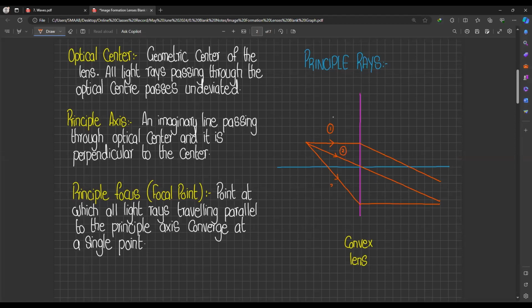These are three types of rays passing through a convex lens.